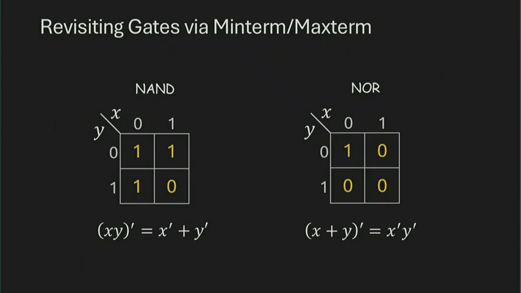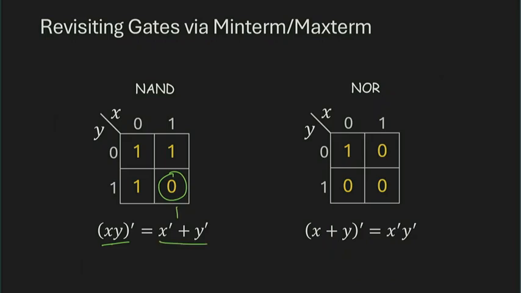That's the truth table, or the 2-dimensional truth table, for a NAND gate. Right? NAND gate is AND inverted. And if you apply De Morgan, this is what you get, x prime plus y prime. After De Morgan application, that is the sum of two literals. And that corresponds to exactly the maxterm at 1, 1.